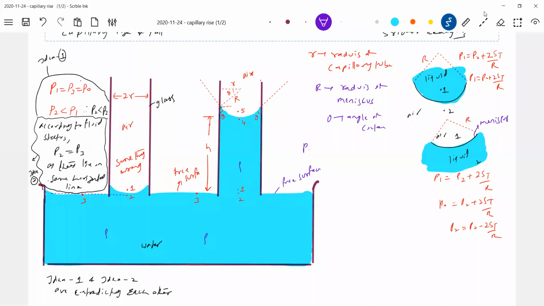So pressure at 5, at 3, at 2 is equal to P naught. 1 is of no discussion, because 1 and 2 will be on almost the same horizontal line. So pressure at 5 should be equal to P4 plus 2S T by R. Then pressure at 5 is how much? P naught.